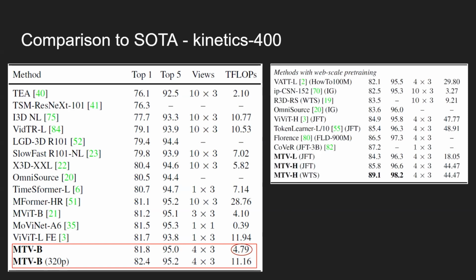And then here, with the web scale pre-training models, we can see this MTVL and MTVH, and with all this pre-training, WTS's pre-trained data set has performed really well. So this was the one I was talking about.